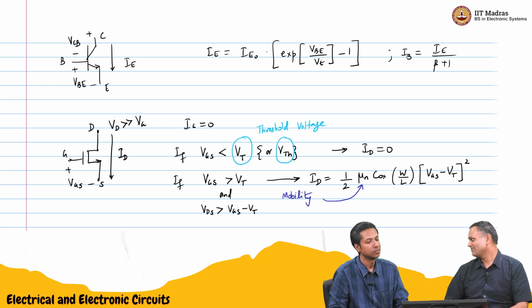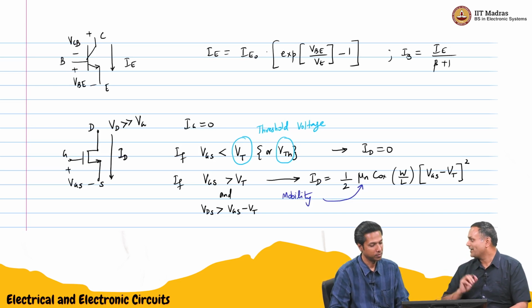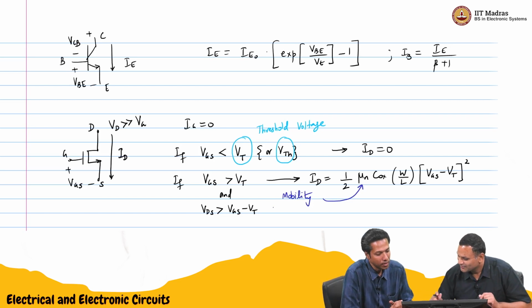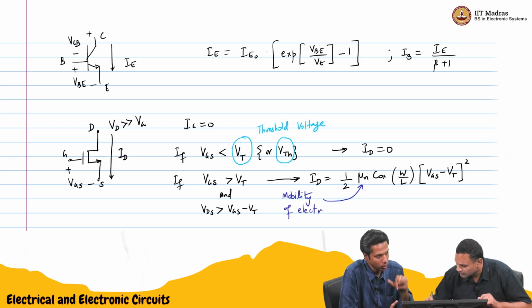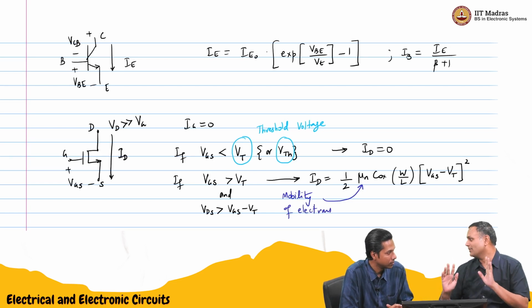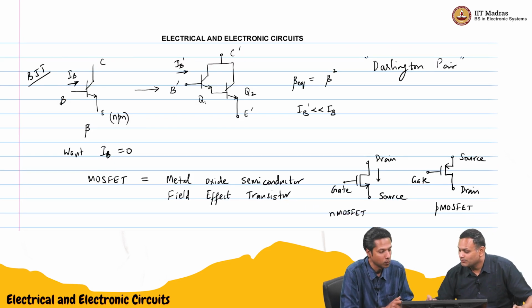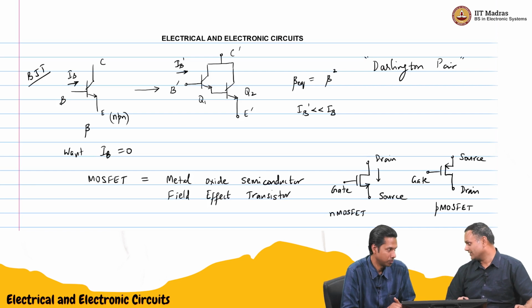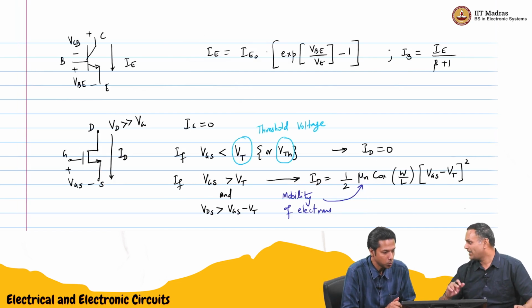If you go to the market and buy a MOSFET, everything is fixed. So this is the mobility of electrons. The holes will have some other name. On the next page, we will write down the equations for the pMOS also. They are slightly different, just like the PNP and NPN had slightly different equations.